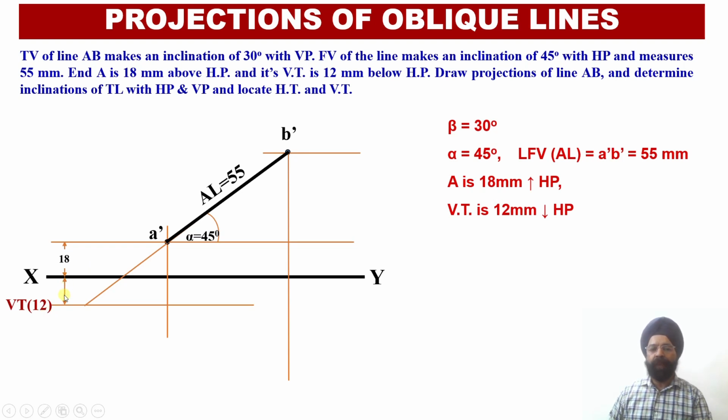So below the horizontal plane means I have to draw it below the XY reference line. So this distance I have marked as 12 millimeter. So this is the locus line where the vertical trace should be lying.